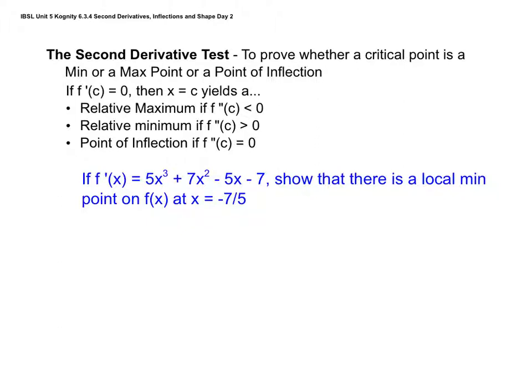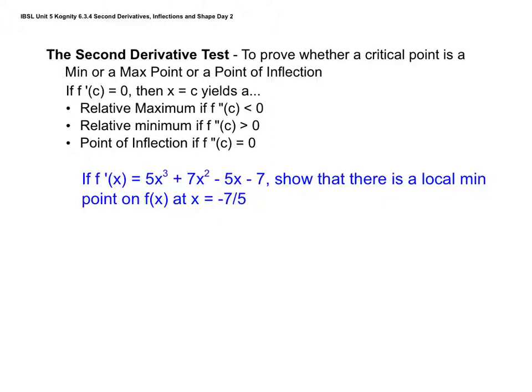The other way, which I told you about but we didn't know how to do yet, was the second derivative test. This is particularly helpful when you just don't feel like doing a sign diagram, or maybe you haven't found all of the stationary points, and you don't feel like finding the rest of the stationary points.